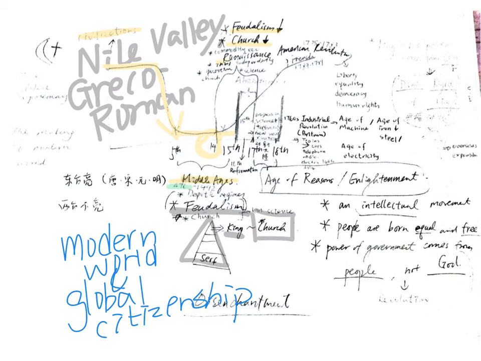People started to think independently, and they would question the belief of the church, and it led to the rise of science. And we call this period, as I mentioned earlier, this was the period of what we call Renaissance. 文藝復興, Renaissance.